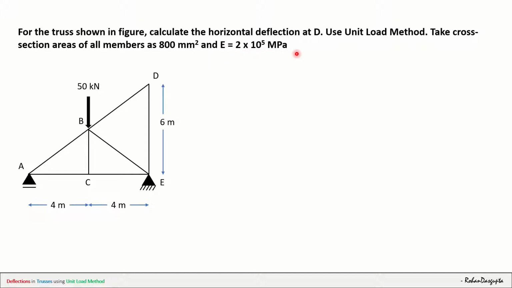And what is asked? We are asked to calculate the horizontal deflection at D, and we are supposed to use unit load method. Okay, so before I jump onto the problem, just check the indeterminacies of this structure.